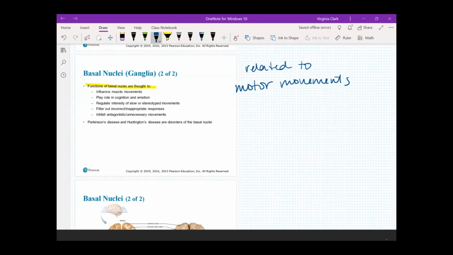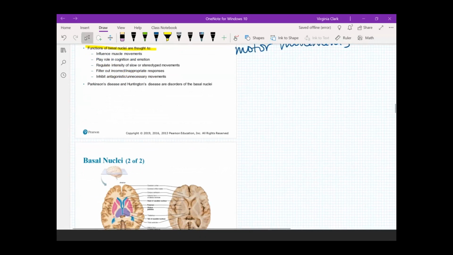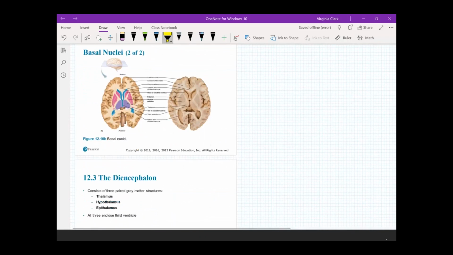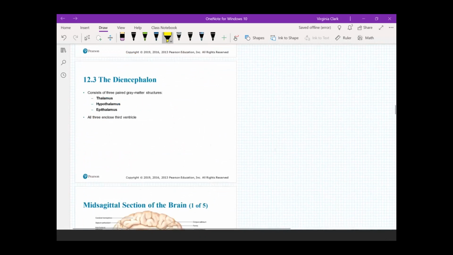Research is out and doesn't really know what these cell bodies do, but we do know very much so that if they go wrong, such as in Parkinson's and Huntington's, basal nuclei is impacted, and that process is actually known. So that's a very cool process. So you can just see how it's a collection of cell bodies.